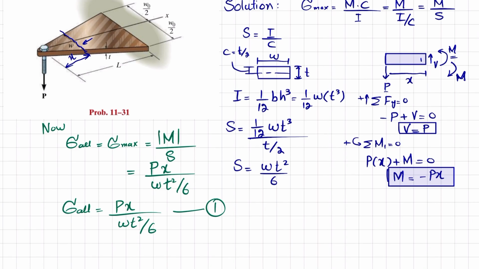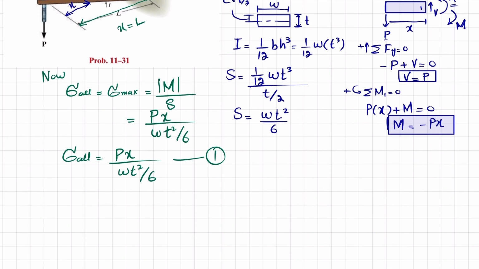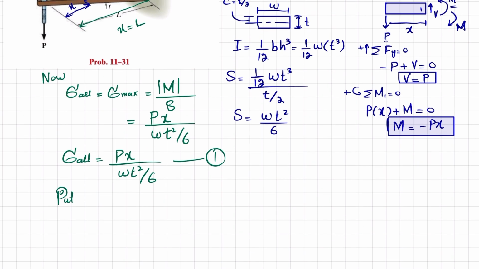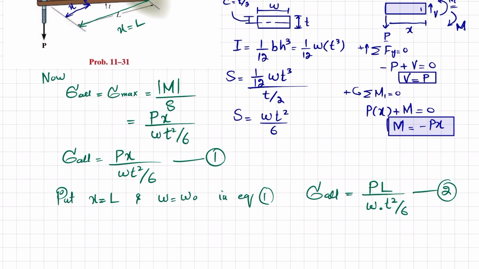Now what if we take x is equal to L? Here you can see that this width will become equal to W naught. So put x is equal to L and W is equal to W naught in equation 1. When you put it, you will get sigma allowable is equal to P into L divided by W naught T square over 6. Let this be equation 2.